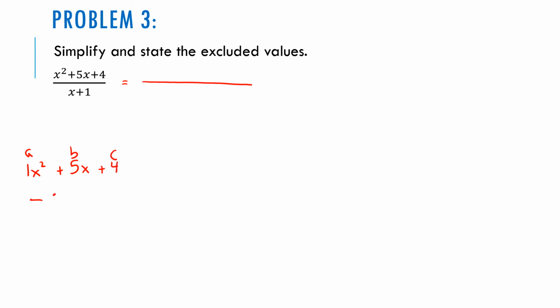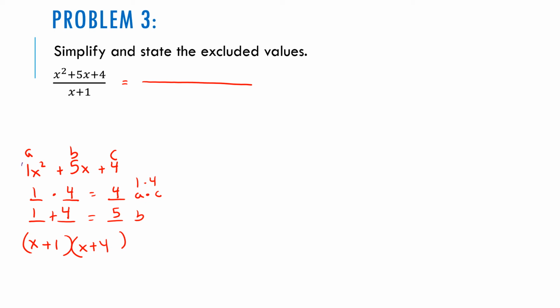We have to ask ourselves for two numbers that multiply to be a times c, and that's 1 times 4, which is 4. And those same two numbers will add to be b, which is our 5. So 1 times 4 is 4, 1 plus 4 is 5. So I have x plus 1, x plus 4.